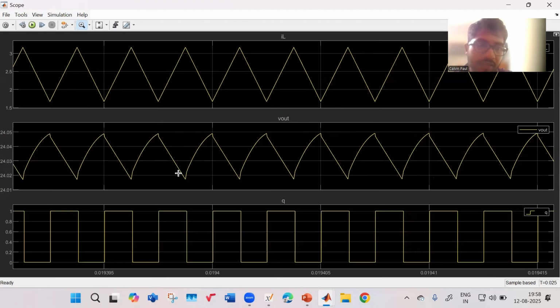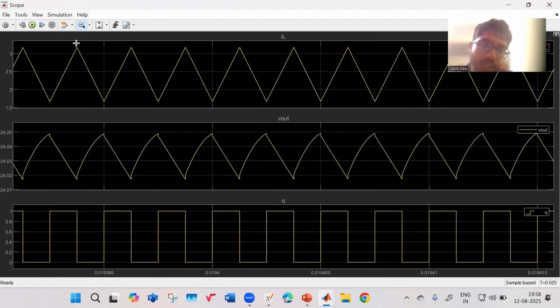This is how the steady state works. Output voltage is around 24 volts. This is the inductor current. These are the gate signals. You can see when the gate signal is high, the inductor current rises. When it is low, the inductor current falls. These small jumps are due to the ESR of the output capacitor, etc.